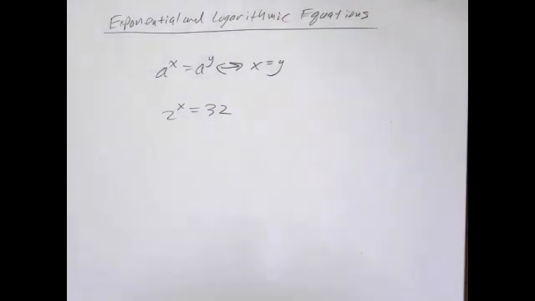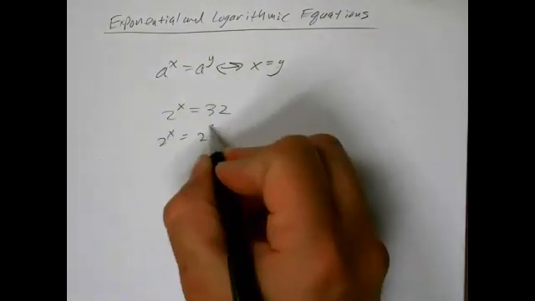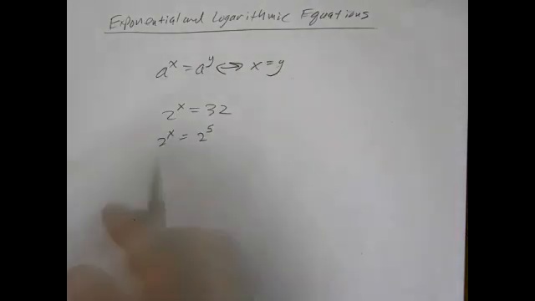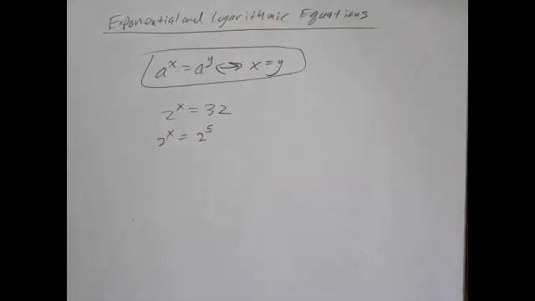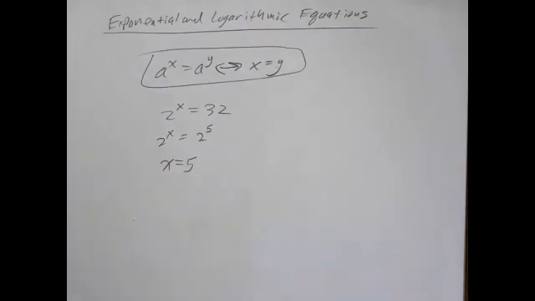So this can be rewritten as 2 to the x equaling 2 to the fifth. And once it's rewritten in this fashion, that's when this property can be used. We can now safely and correctly assume that x is equal to 5. So again, if it is possible to make the bases match, then the powers have to match.